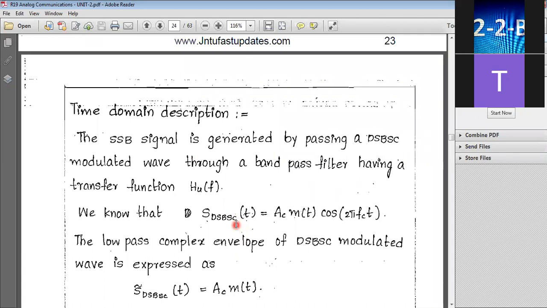But already we know the DSB-SC signal in time domain. Already in DSB-SC, that final signal, we calculated this signal. Once I see that block diagram, we can see the final expression.